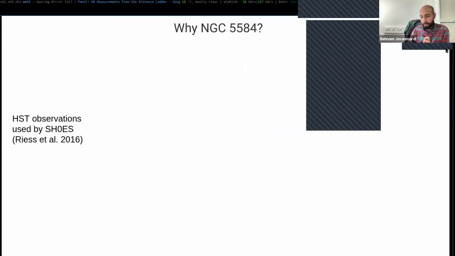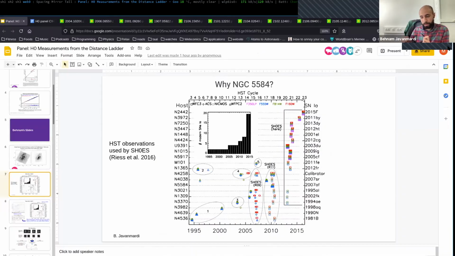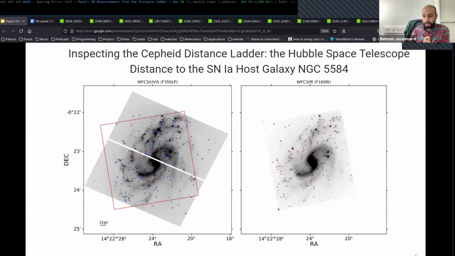And then we got the raw data from the archives. Basically, the first few steps of data calibration are standard. You should do the standard things that everybody else has to do with HST data, and we used the standard software.